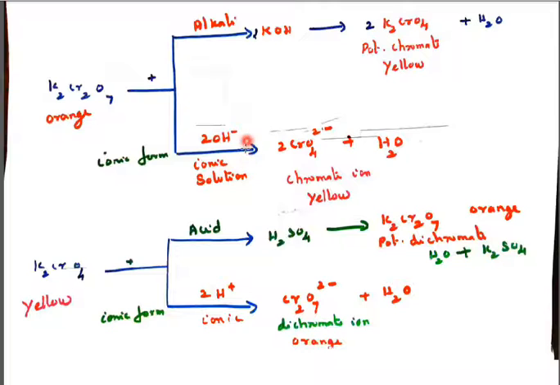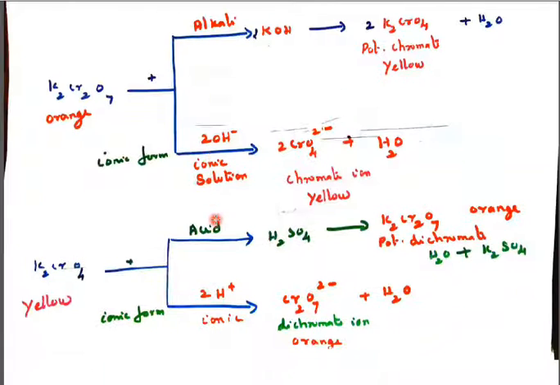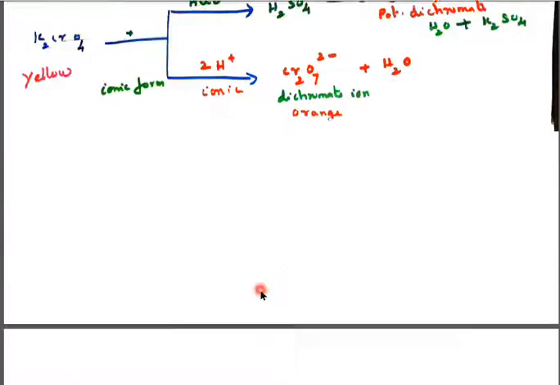Here 2OH-, here 2H+. So this chromate CrO4 2- gives Cr2O7 2-, the orange dichromate ion, plus water. In this manner, I have given the molecular and ionic equation for base, and the molecular and ionic equation for acid.